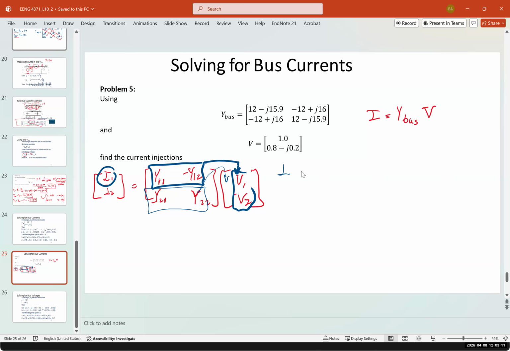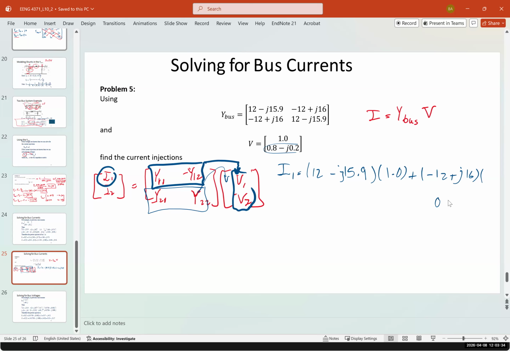So I1 would be equal to 12 minus J15.9 times 1 plus negative 12 plus J16 times the second term.